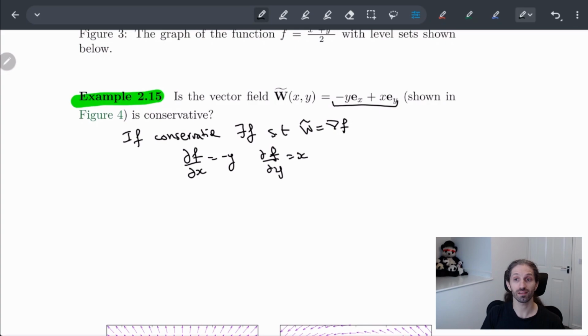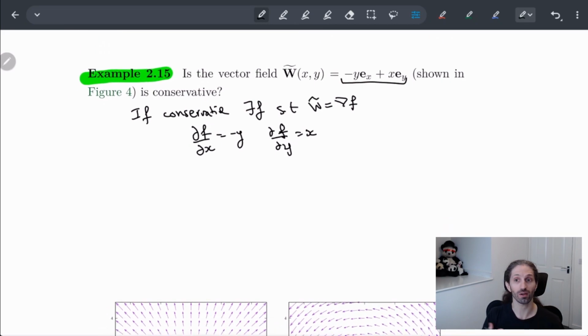But these things must commute, so it doesn't matter if I take the first derivative or the second one first. I can now take the next derivative and I should get the same value.